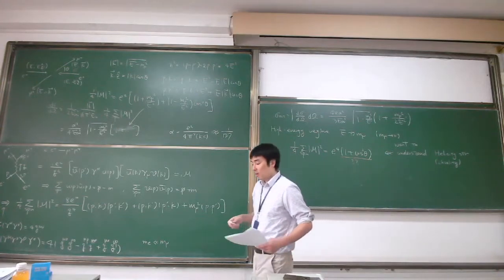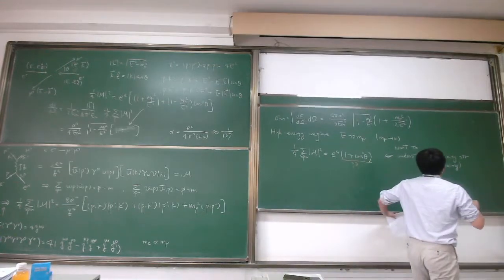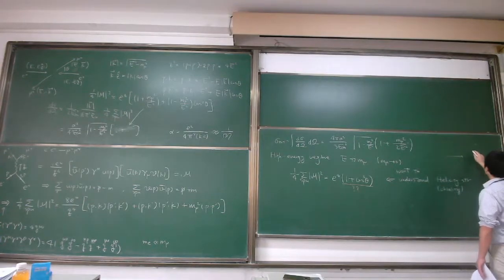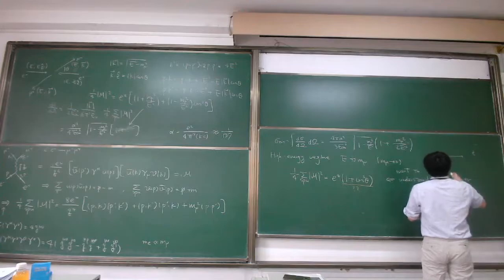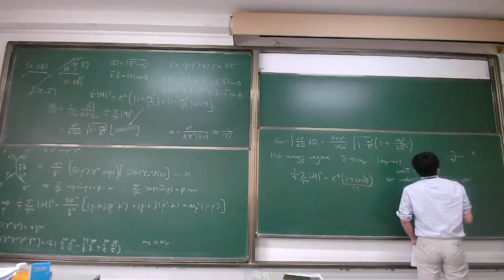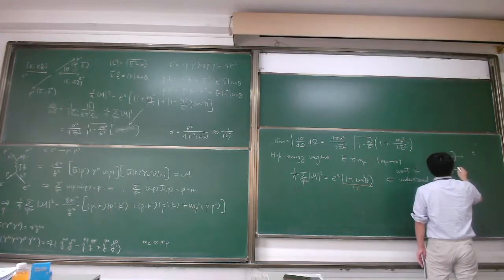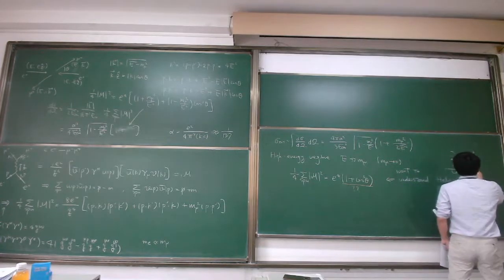As you recall, you have the helicity and chirality of the fermion. If this direction is the z direction now, and you use the right-handed spinor.